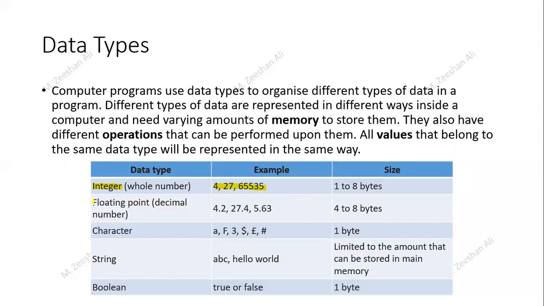The second one is floating point, or float, or real, we can call them, and they hold some fractional values. Okay. The third type is character, that stores any one letter, either printable or non-printable, visible or invisible character. Strings, the fourth type, and the fifth type is Boolean. We are going to discuss all of them in detail.